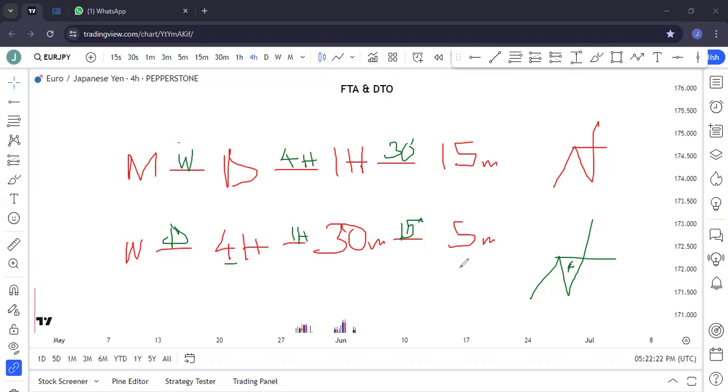So you verify structure by going to the higher time frame. Okay. So the 5-minute structure, you will verify in what? In the 15 minutes.